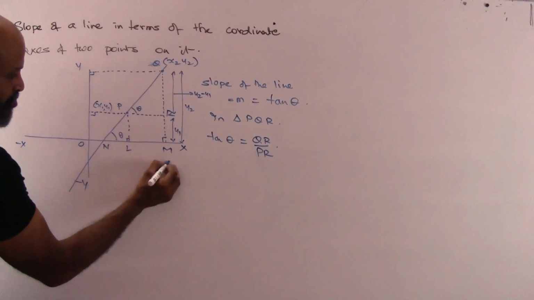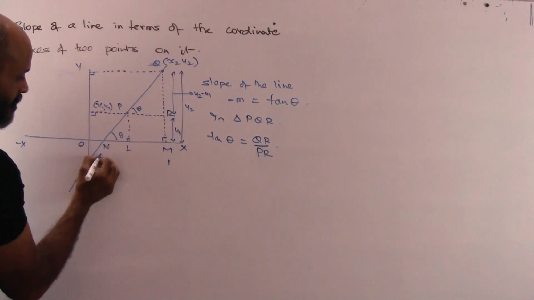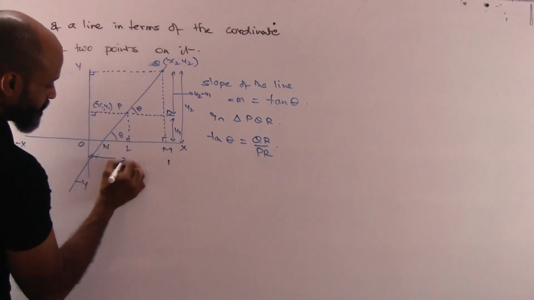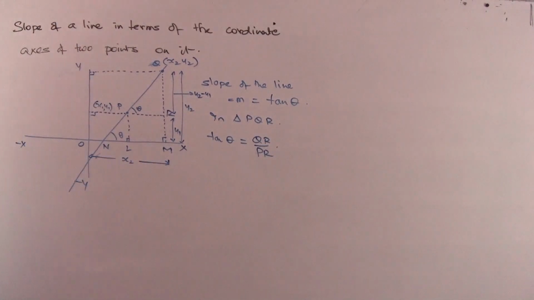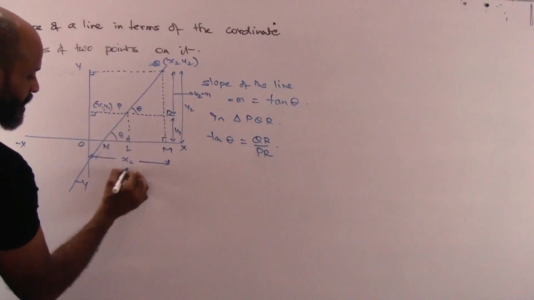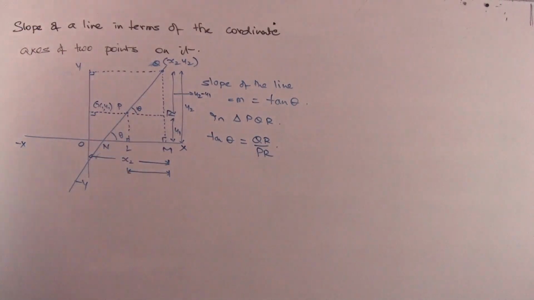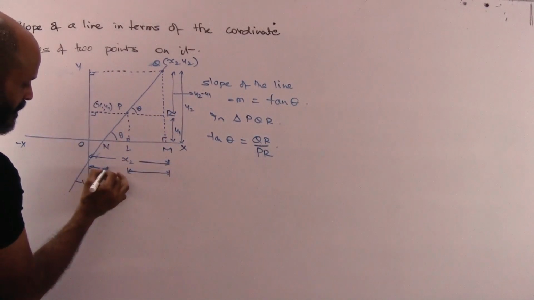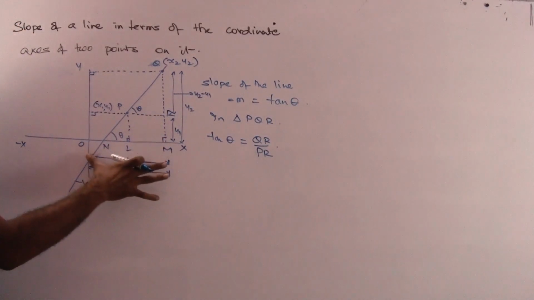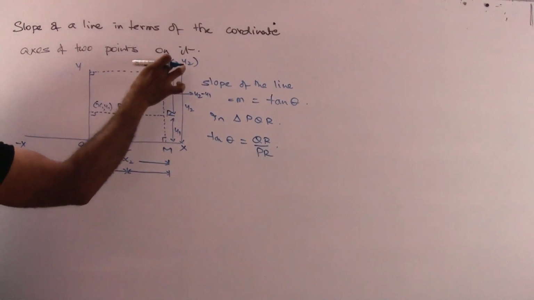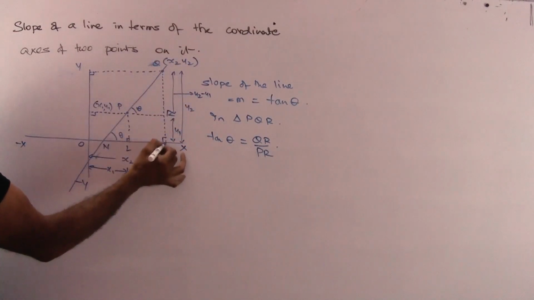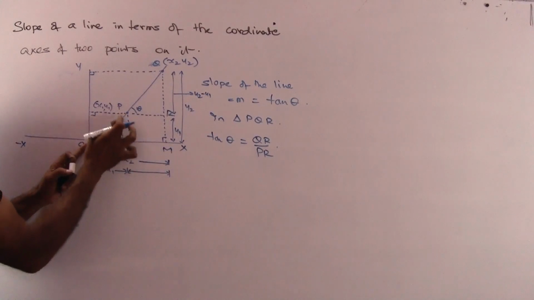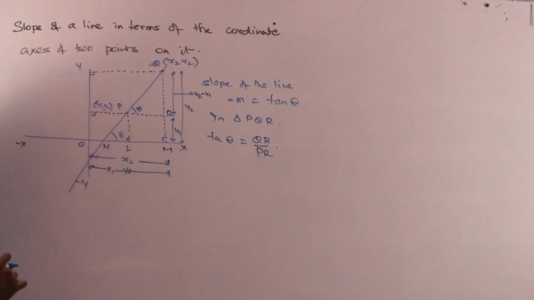Similarly, we know that till here it is x2, and from here to here, till here it is x2, and from here to here it is x1. The coordinate itself suggests, right, Q has coordinate x2, so obviously this will be x2 from here to here, and from here to here, since P has x1, this will be x1, okay.